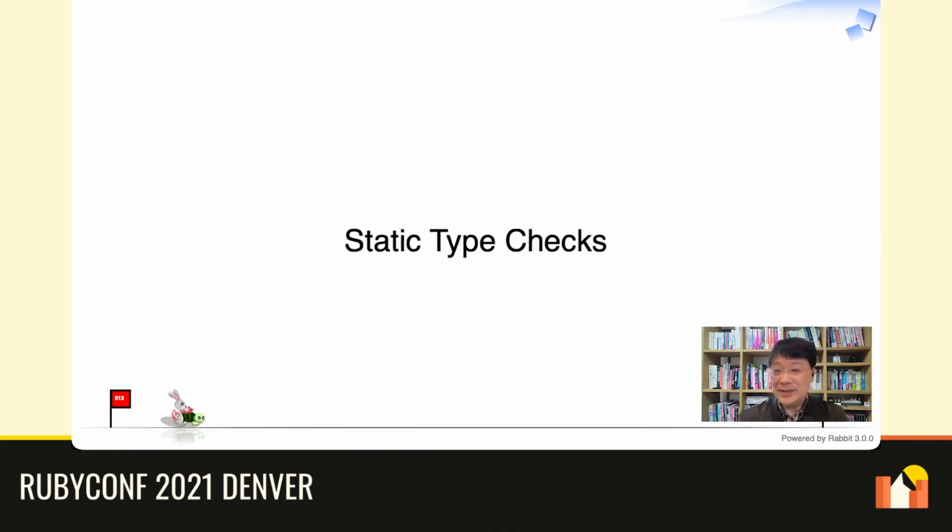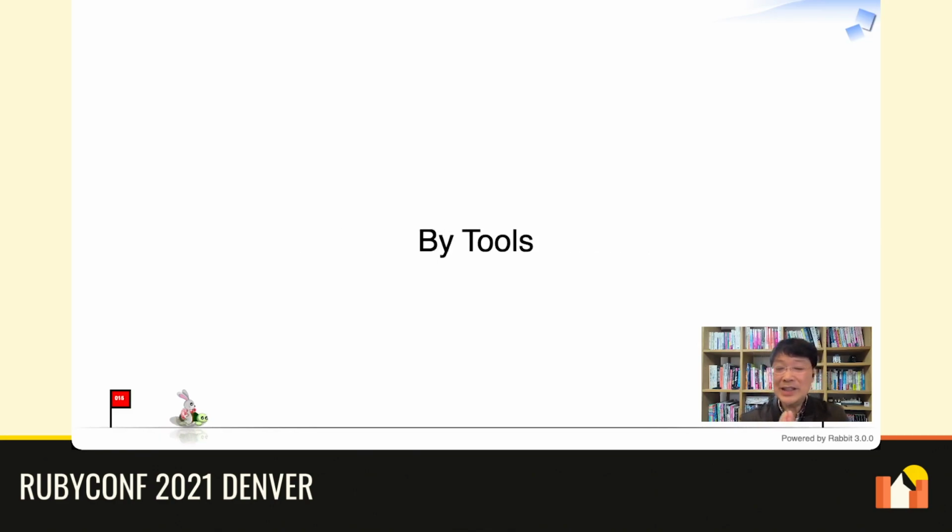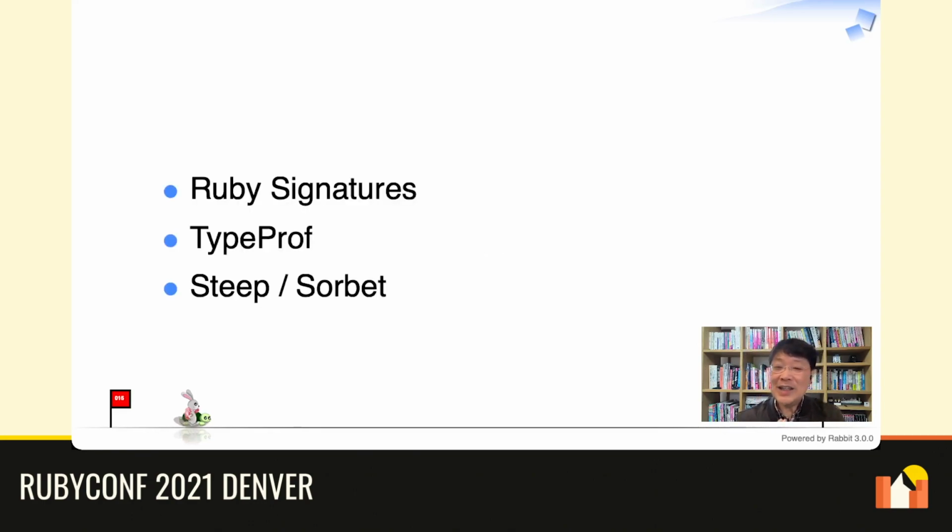So we want static type checks, but without type declarations, so we accomplish those things by using tools, not language enhancement.